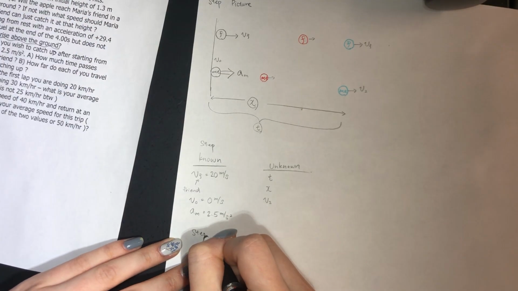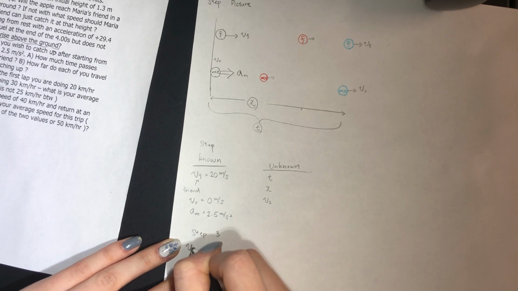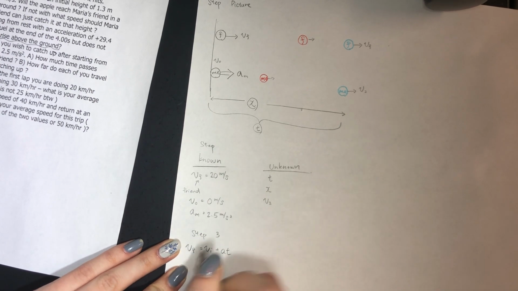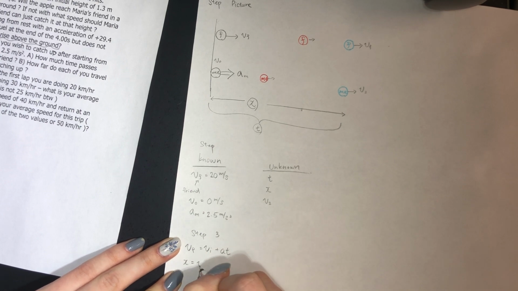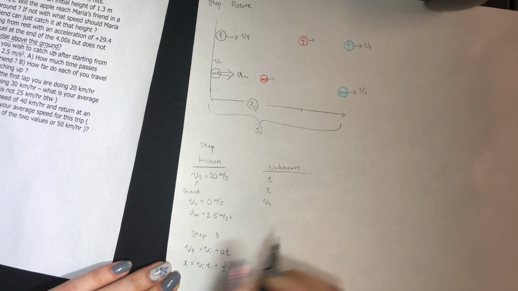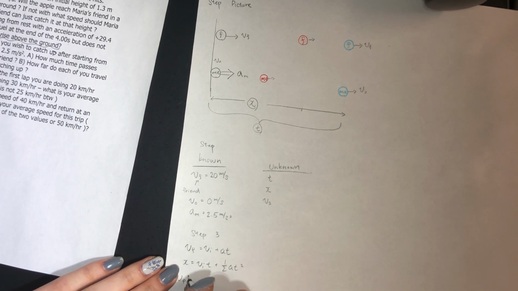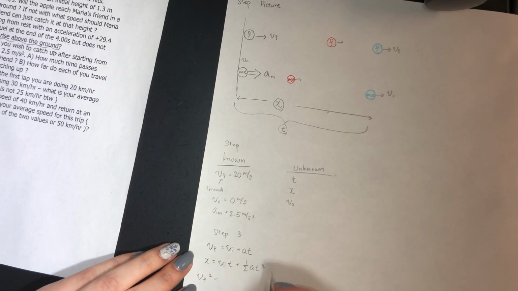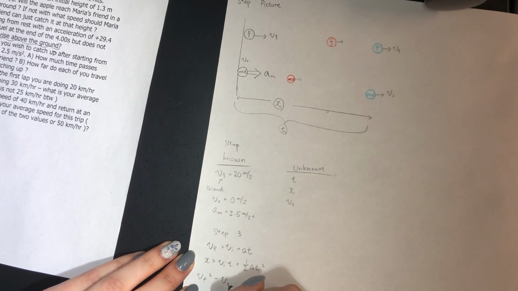Step 3, equations. V final equals V initial plus acceleration times time. Displacement is V initial t plus half of A t squared. The third one, V final squared minus V initial squared equals 2AX. This is V final, that's not V friend. I know that's confusing, and I apologize.